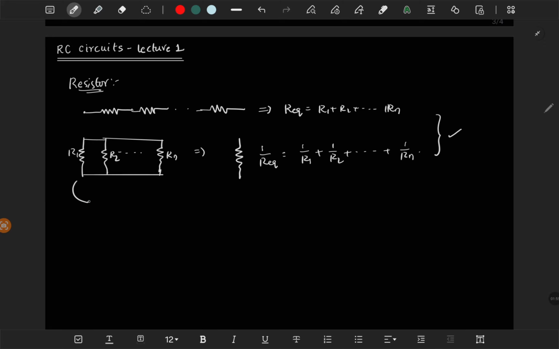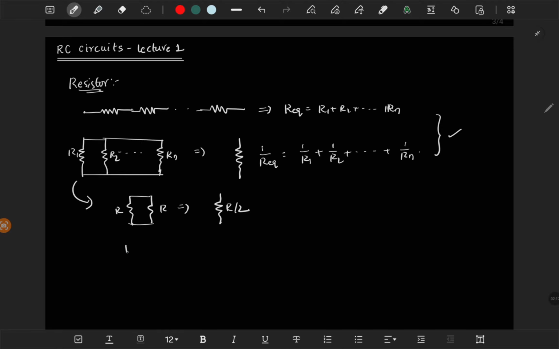Here, if all these resistors are equal, suppose you have two resistors of equal value R and R, then you can represent it as a single resistor with the resistance as half of the original resistance.